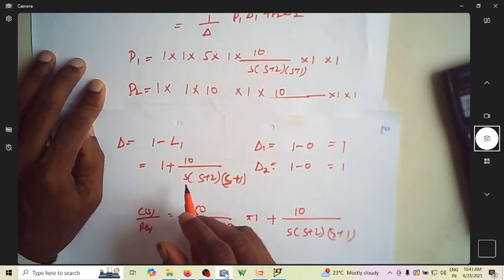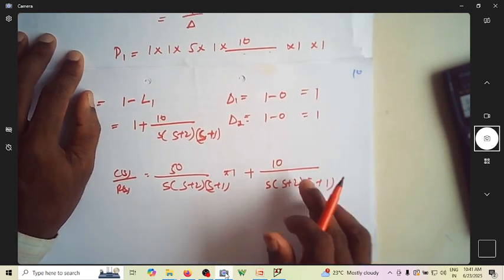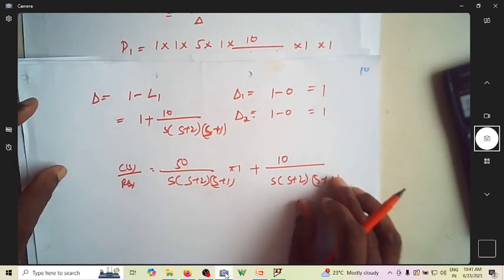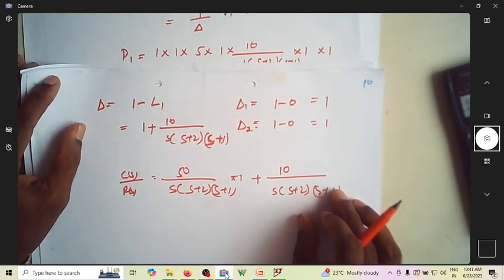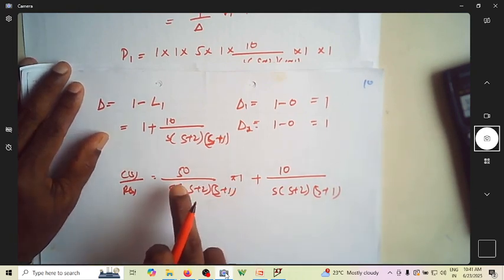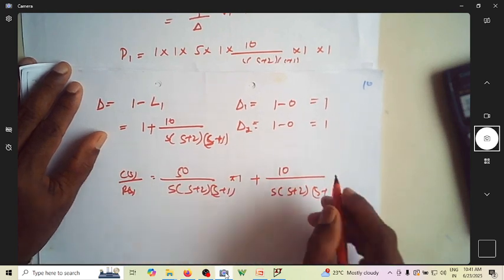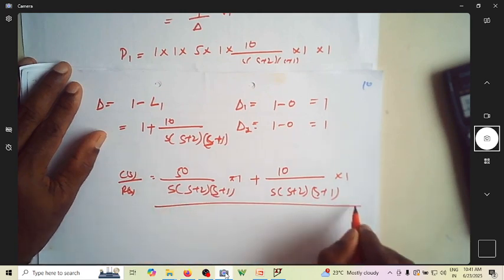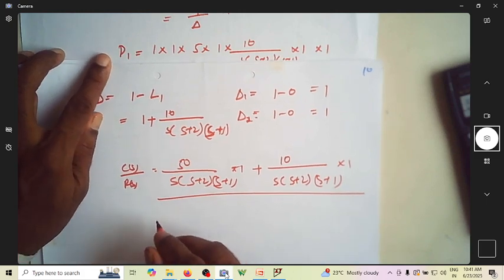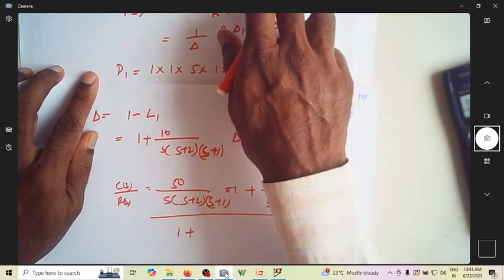This is the value, fine. Then what else we have? So this is P1 delta 1 plus P2 delta 2 by 1 plus this value.